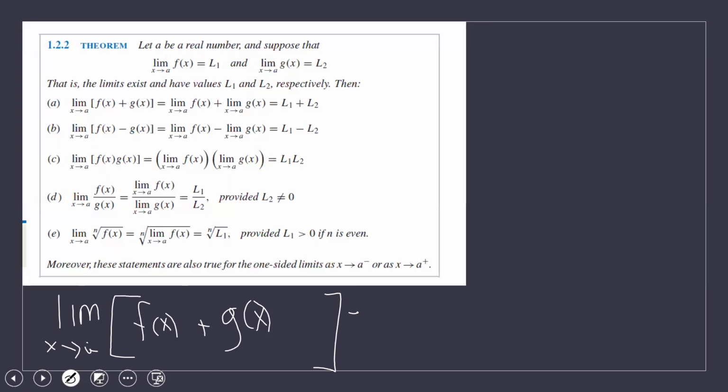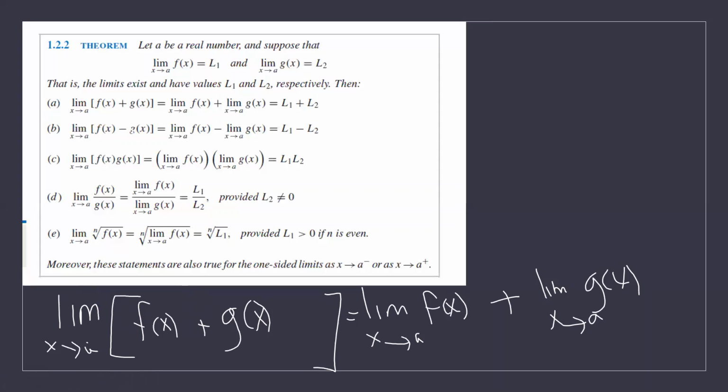So it will be the limit of f of x when x approaches a plus the limit of g of x when x approaches a. And the same if you have minus: if the limits of these two functions are subtracted, you do the same.